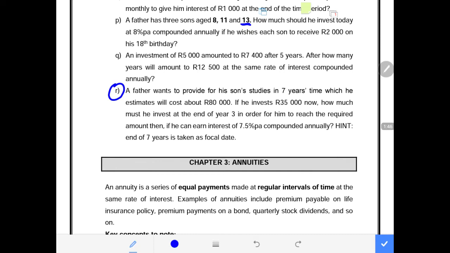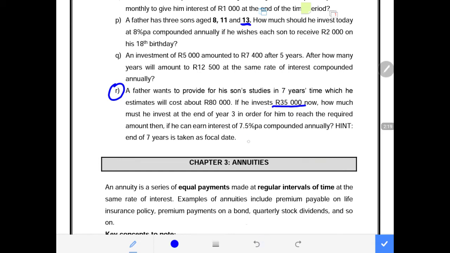Then it says if he invests 35,000 rands now, meaning the present value invested now is 35,000 rands, how much must he invest at the end of year 3? So in year 3, there is an amount that he wants to invest, meaning a reinvestment, in order for him to reach the required target.